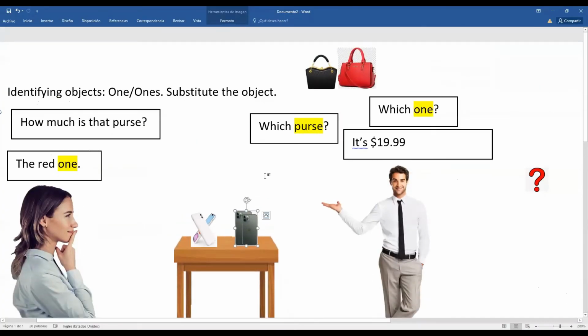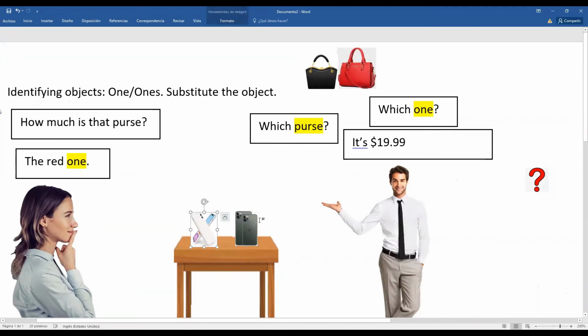What happens when you have several objects, such as these phones? You have different cell phones, but you want to know about the cell phones. And then you say, how much are those cell phones? But guess what?